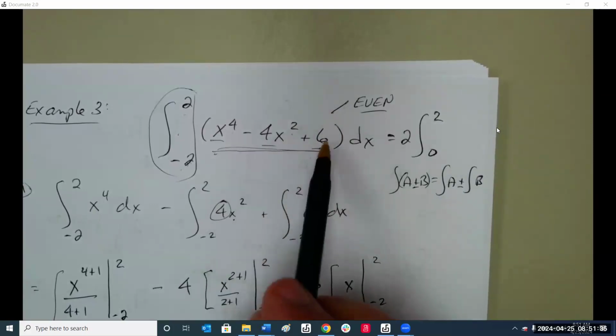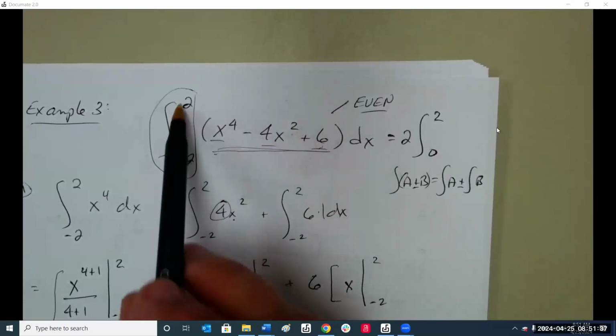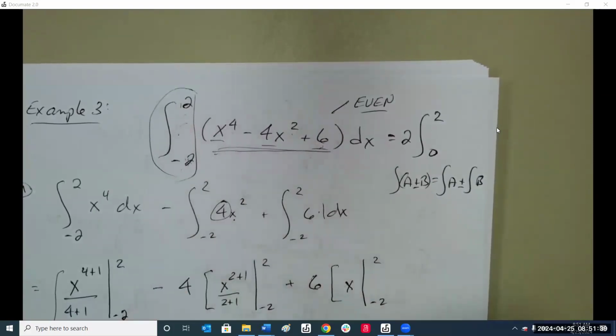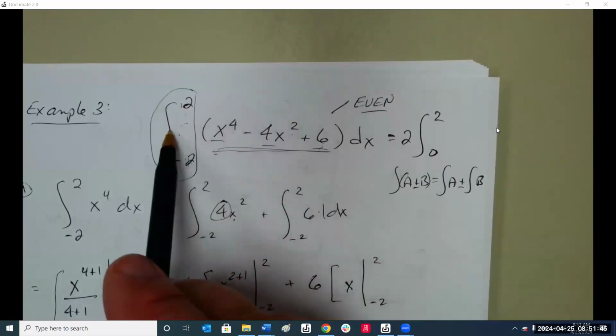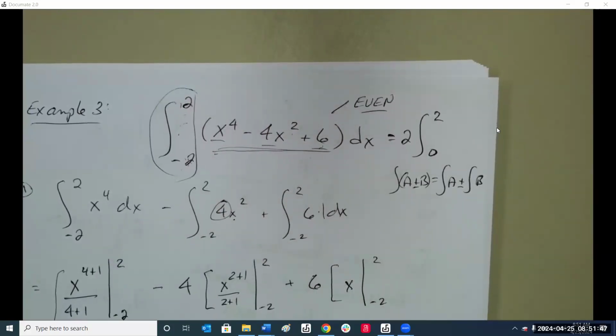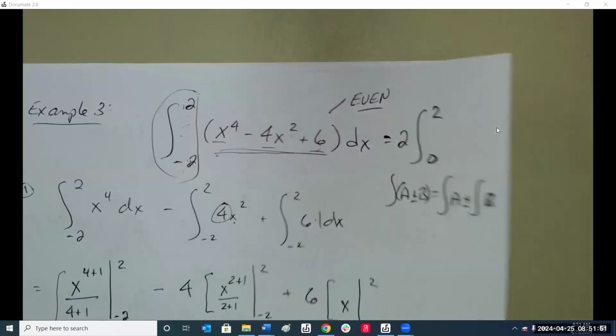If it's an even function, then whatever your bounds are, split that in half because it has to be equal in both halves. Let's look at another one.